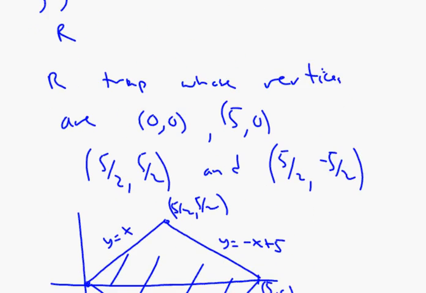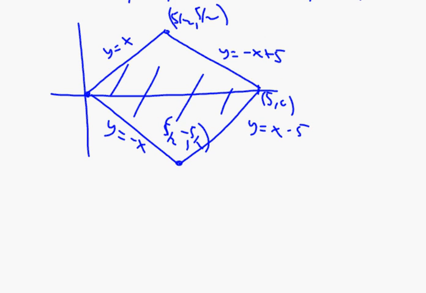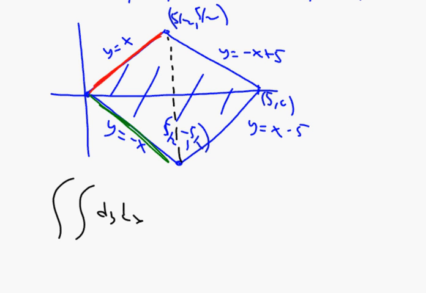All right, so you can tell, even if we decided to do this as a type 1 integral, an integral where we do dy dx first, then there's a line down the middle, and on the left side of that line, this is the upper curve. And then when you go over to the right side of the line, there's a different upper curve.